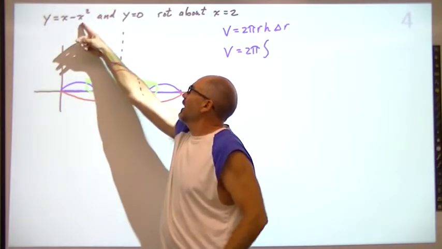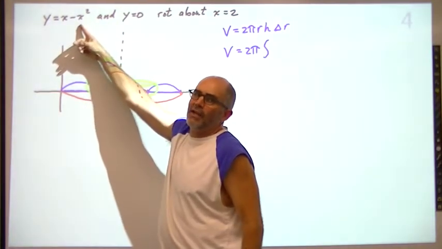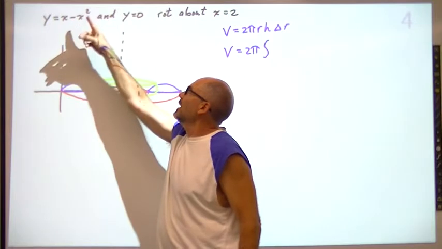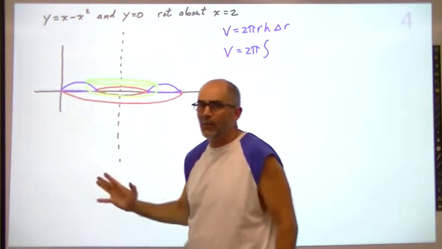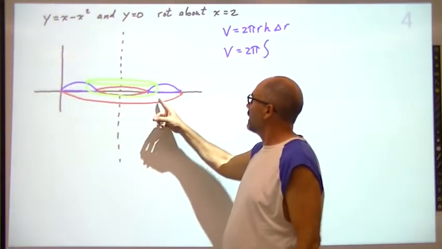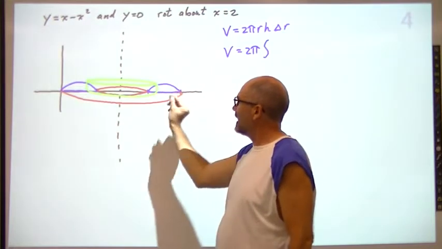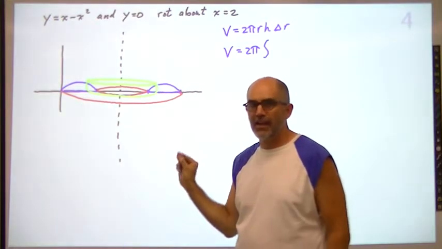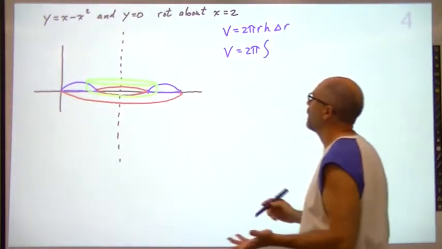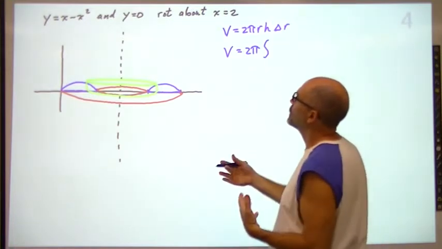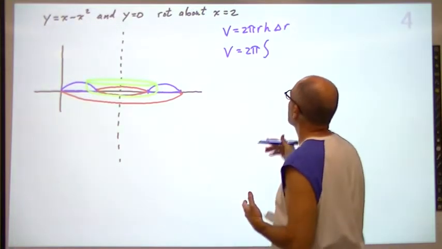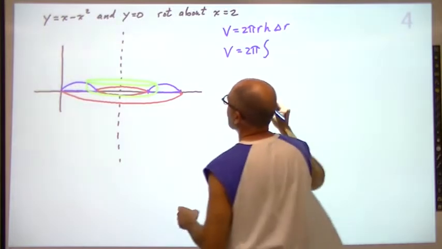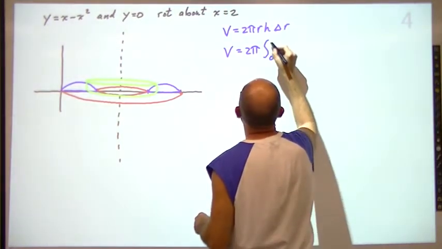First thing, you can't get dy's here because you can't get x as a function of y anyway. But the other thing is, if you look at your shell, each shell is a dx thick. So we do want dx. So we want our function in terms of x. So now we're going the integral from 0 to 1.